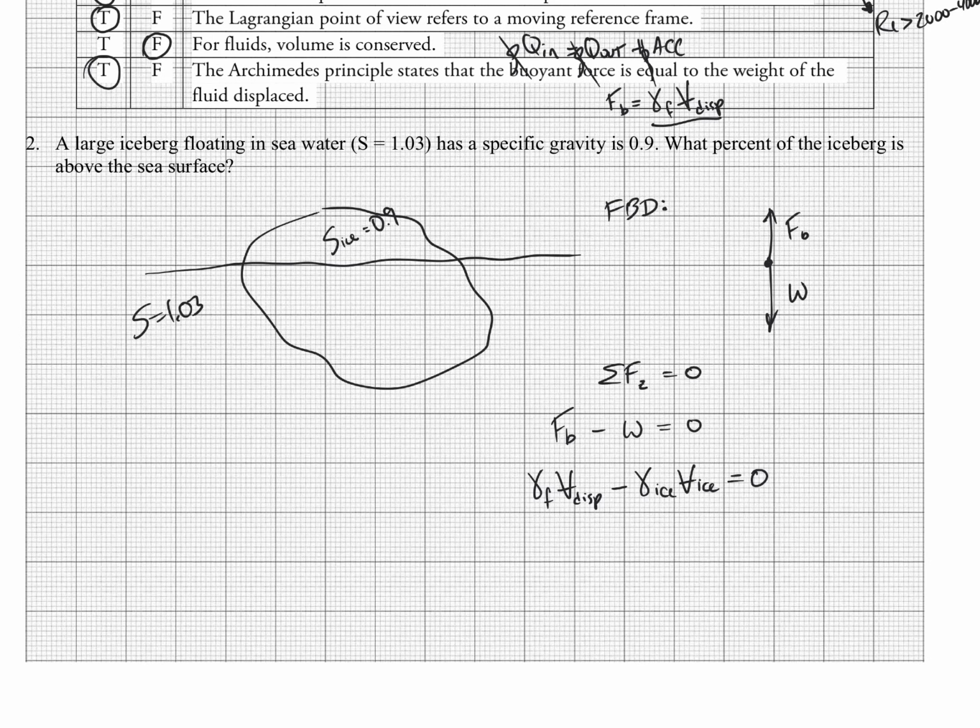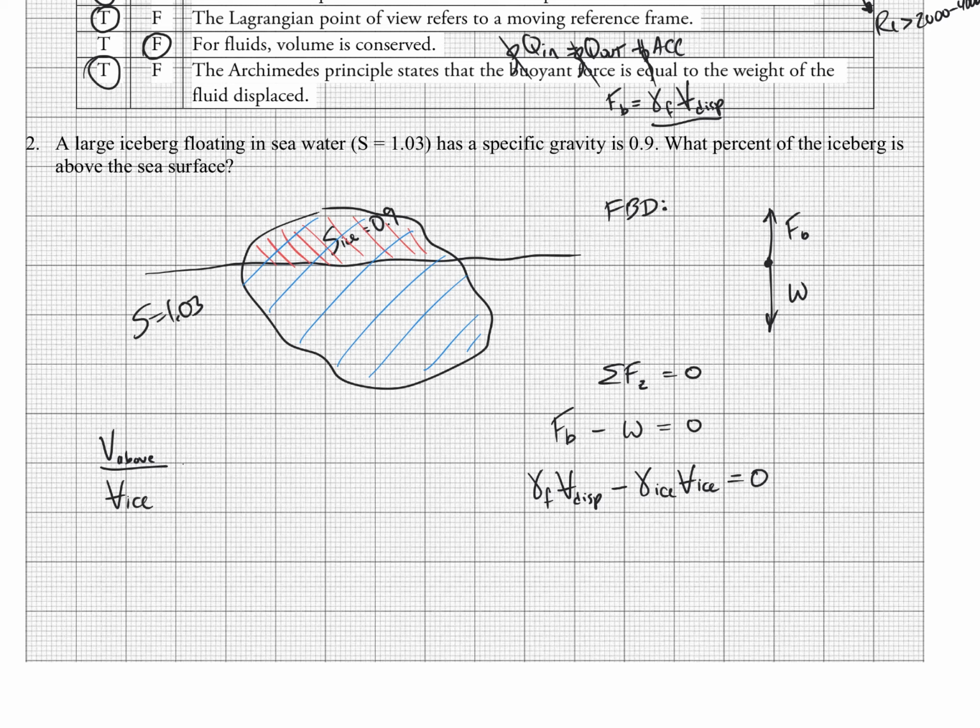What percent of the iceberg is above the seawater? So I want to know this right here, as a percent, so divided by the total volume. Ultimately, I'm looking for V above divided by the total volume of the ice.